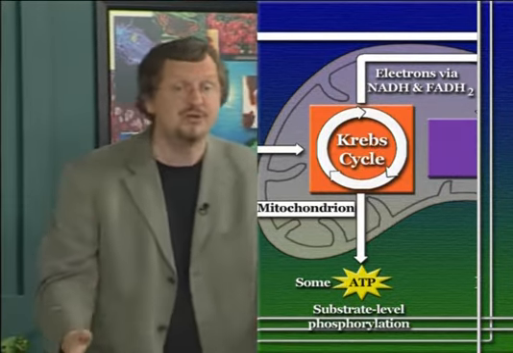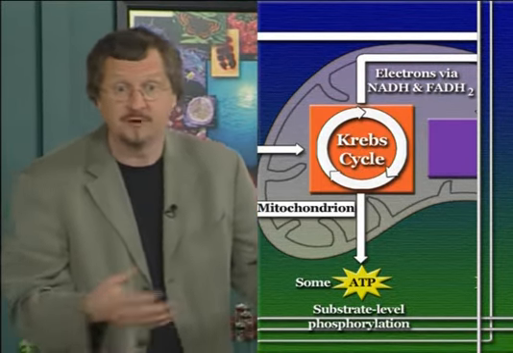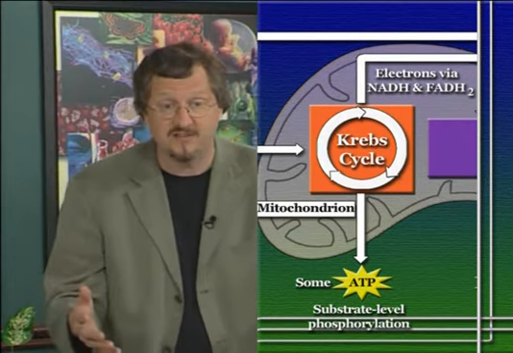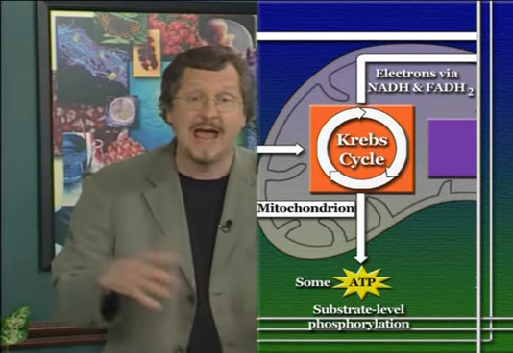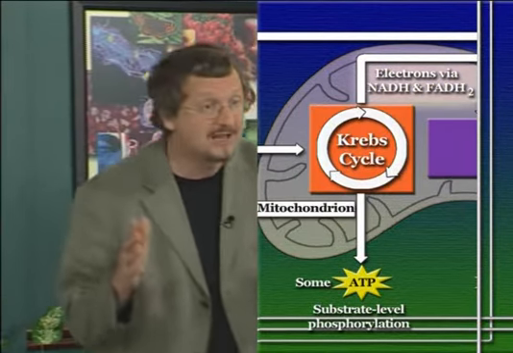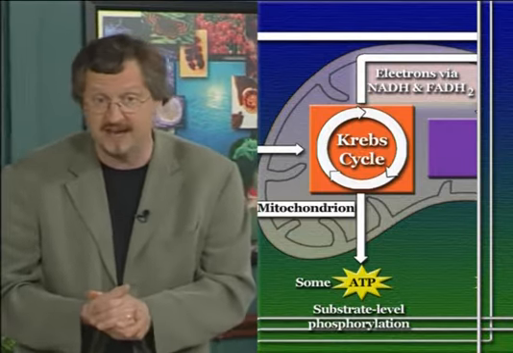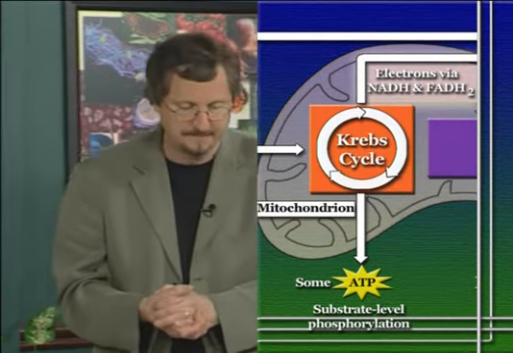However, the vast majority of energy that's released from these carbons in pyruvate from glucose, or I should say captured through the process of the Krebs cycle, is actually captured in the form of more electrons that are picked up by electron carriers, the electron carriers NAD plus and FAD.